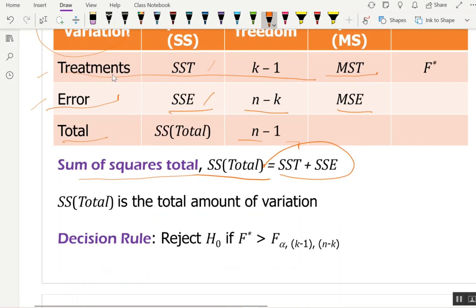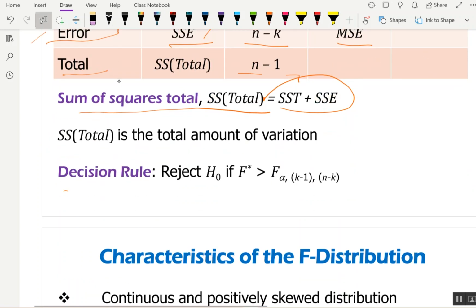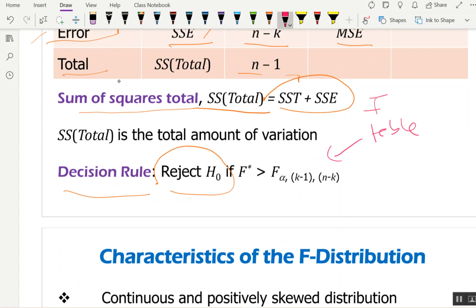Now we want to know the decision rule. You reject if your calculated value is more than the one that you get from the F table. That's why I said to you, it's just the same. Like previously, I've explained that whenever you get the value, you have some sort of decision rule, from the calculated one and from the table.